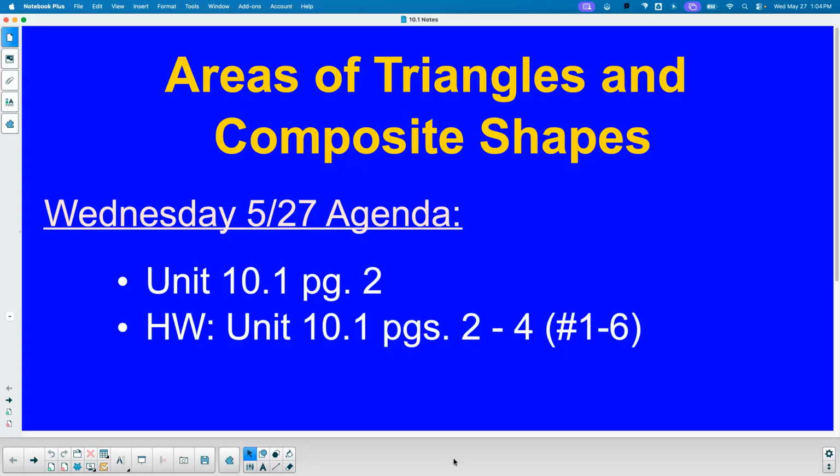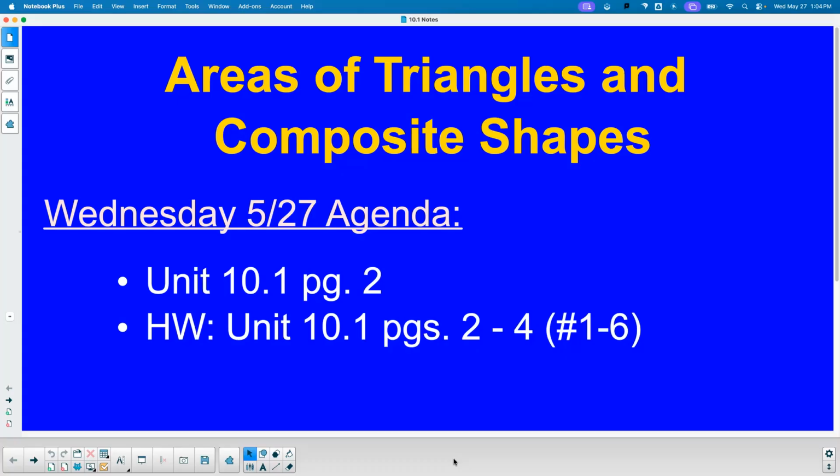Area. What's the area of a shape? The space inside, right? And that depends on what kind of shape it is as to how we find it. Most of the time, it's going to be a rectangle, where we can do length times width. If it's a triangle, then it's 1/2 length times width.